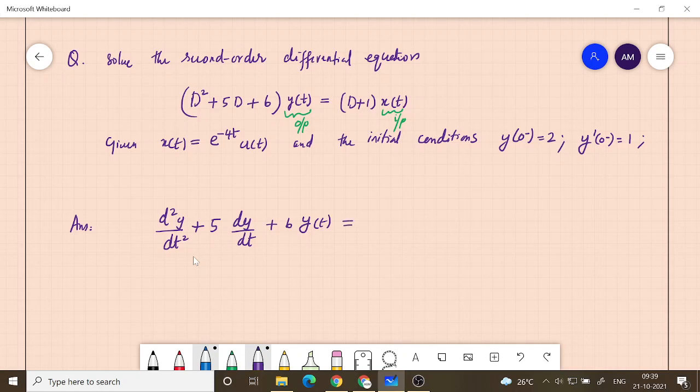So that is equal to, on the right hand side, d by dt of x of t plus x of t. So this is the equation that is given.